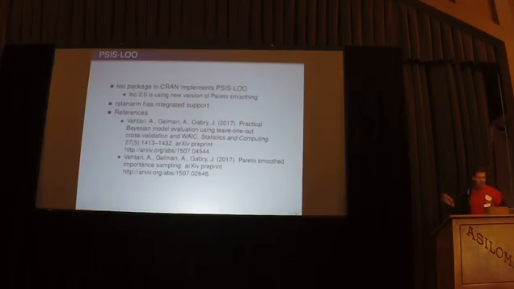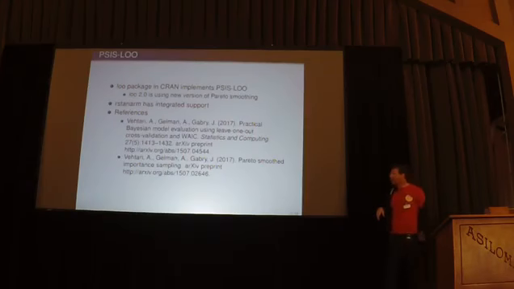So the loo package in R implements PSIS-LOO, and for Python users, there are also PSIS-LOO functions available. There's also a difference: the current loo version is using the older version of this Pareto smoothing, and in the autumn a new version came out, and then loo 2 will have that new improved version.